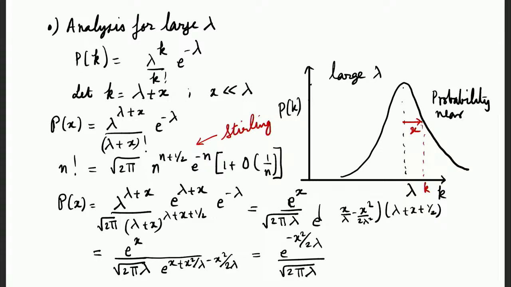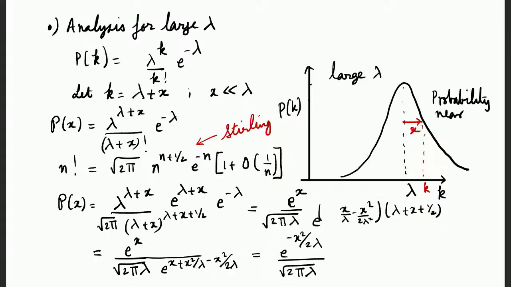I take this Poisson distribution, lambda to the power k by k factorial, and I substitute k equal to lambda plus x. So, p of x becomes lambda to the power lambda plus x, e to the power minus lambda, and lambda plus x factorial. But remember, your lambda is very large, and we are going to assume that x is much smaller than lambda, which you have to check ultimately.